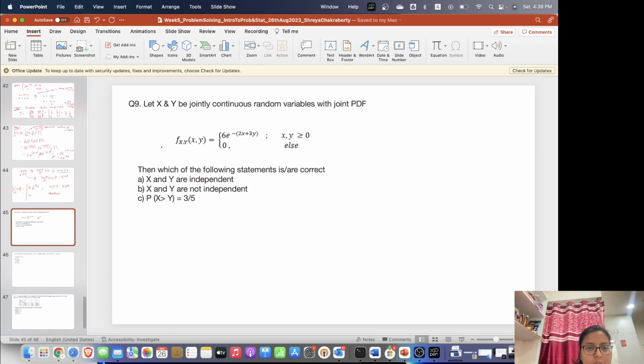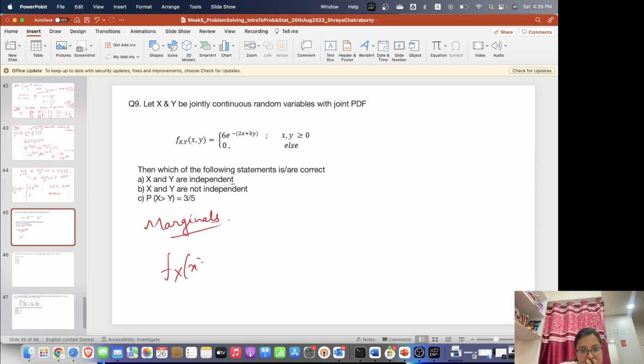All right. Now we'll go here. Let's see. So x and y are jointly continuous random variables. Which of the following is correct? So first, to find out whether they are independent, we need to find out the marginals.